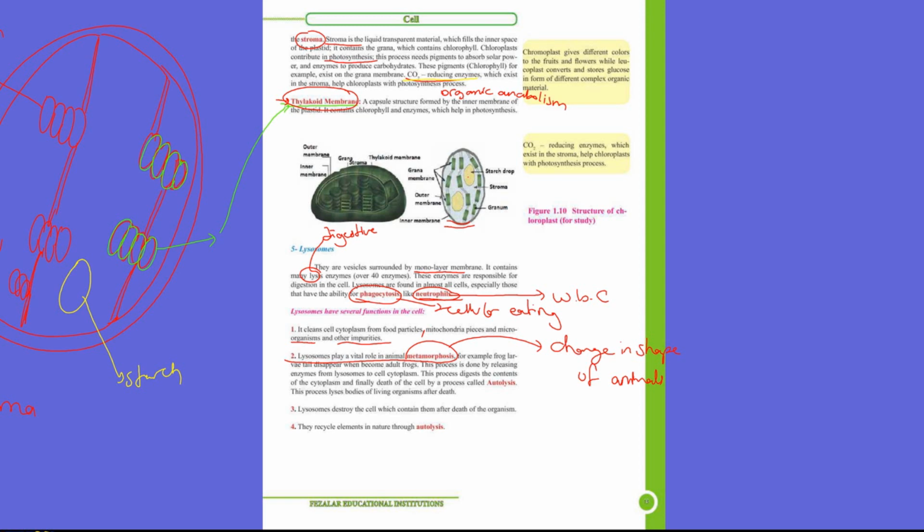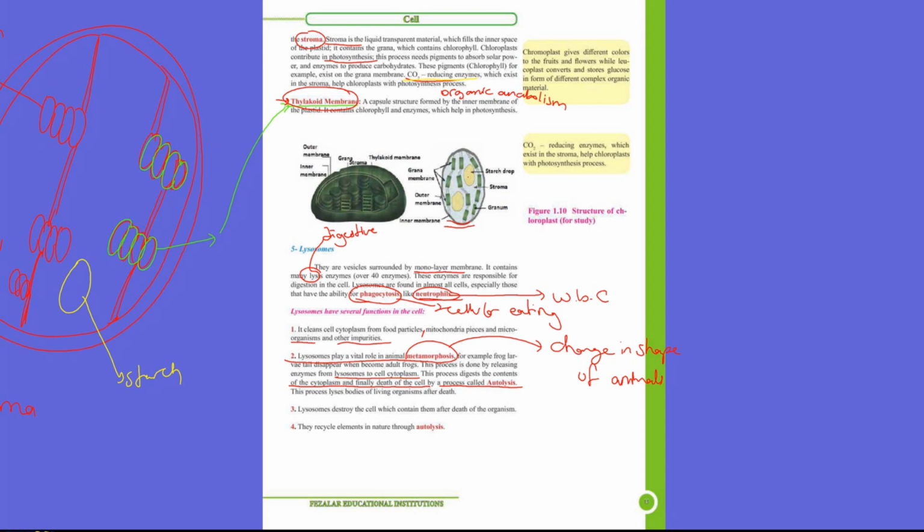This process digests the content of the cytoplasm and finally causes death of the cell by a process called autolysis, meaning the cell automatically digests itself. The lysosome digests the part of the cell it is included in.